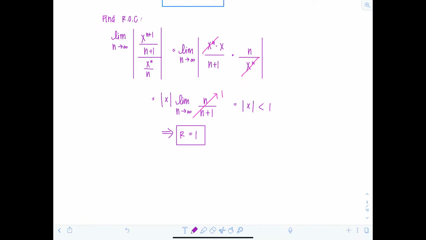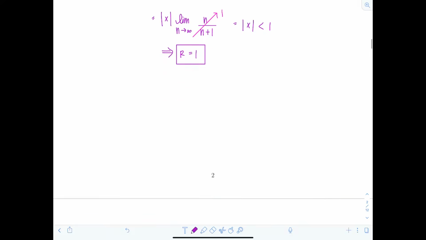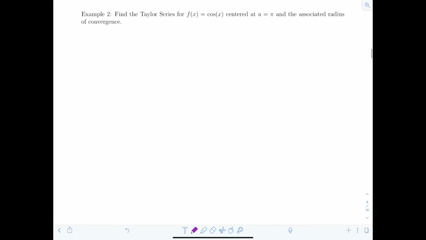Let's look at another example, this time centering it somewhere else. So here in example 2, we're going to find the Taylor series for f of x equals cosine of x centered at a equals pi and the associated radius of convergence. So we'll make the same sort of table here.